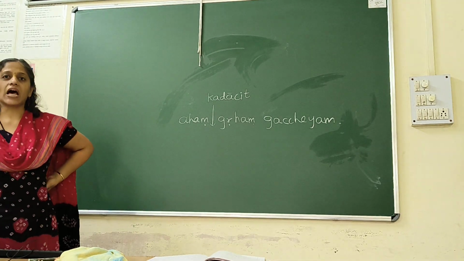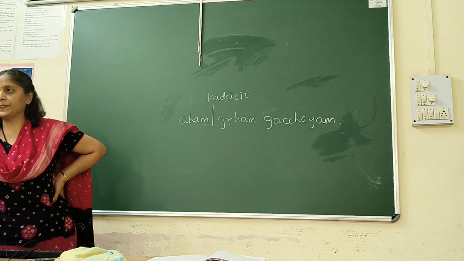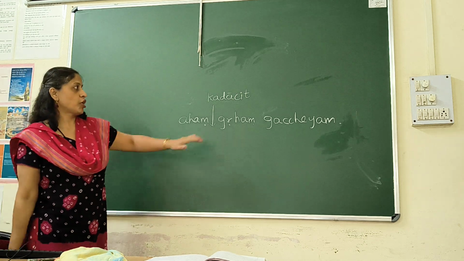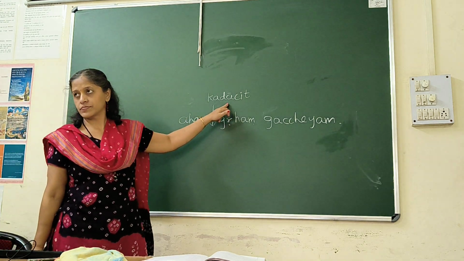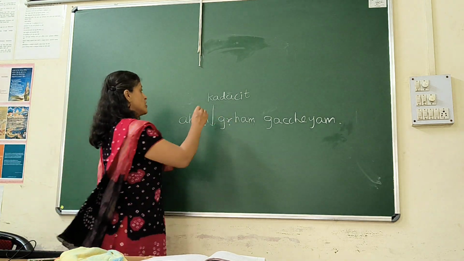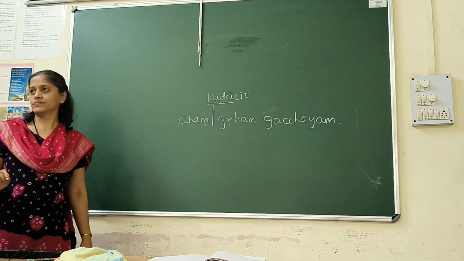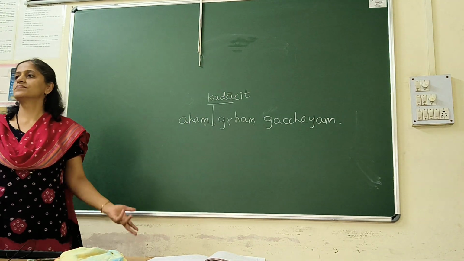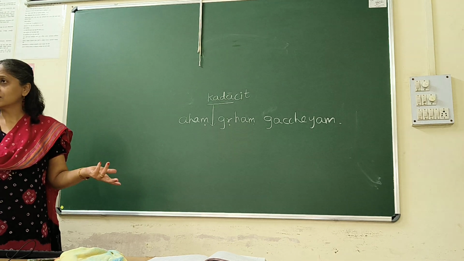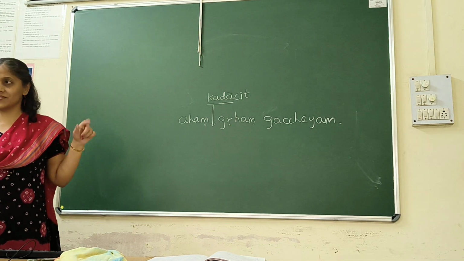Aham kadachit gruham gacchayam. Now we have not yet learned kadachit. But what have we learned? We have learned kada. What is the meaning of kada? Kada is when, not where. Kutra is where.